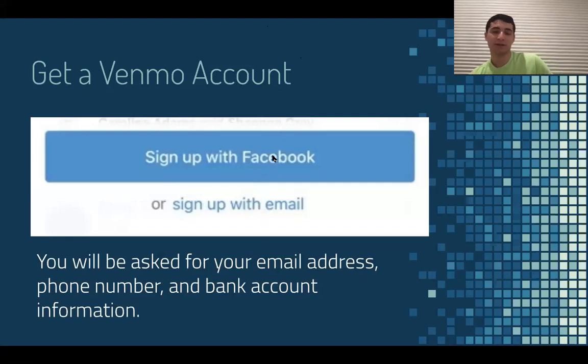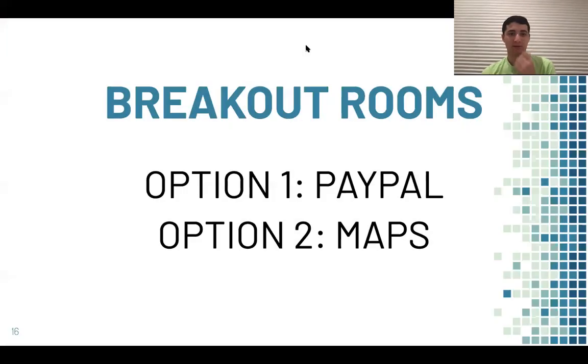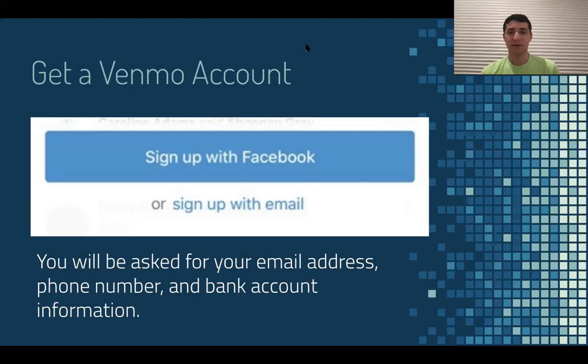If you have a Facebook account, you could just use Facebook, and then you won't have to do so much. But if you don't have a Facebook account, you should click sign up with email, and then you will be asked for your email address, phone number, and bank account information. You need to put in all of this information so Venmo can send money. And then I think once you do that, you should have your account set up.